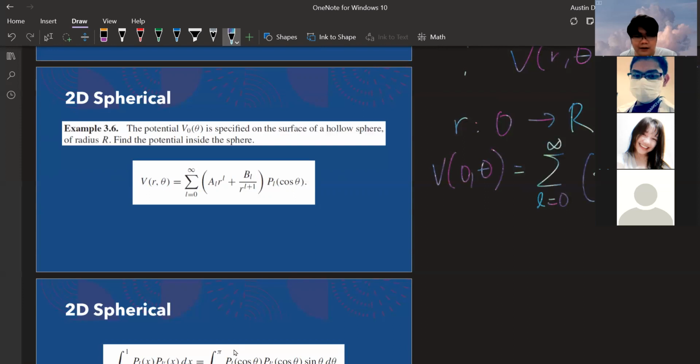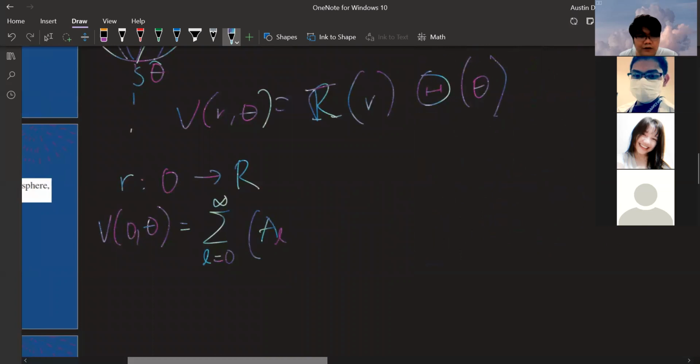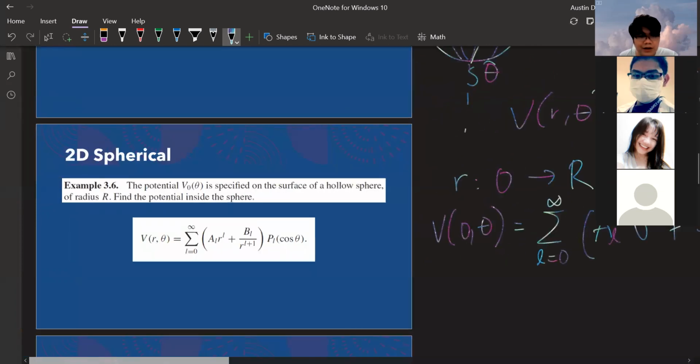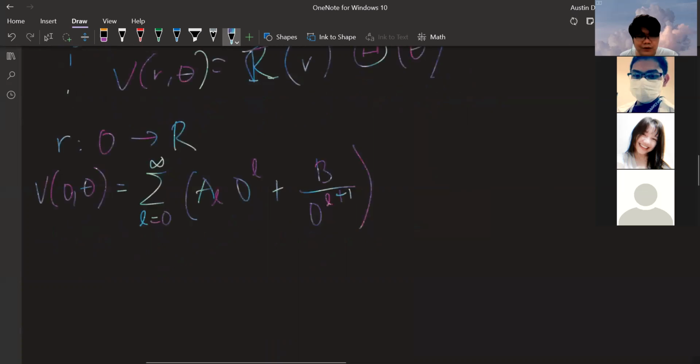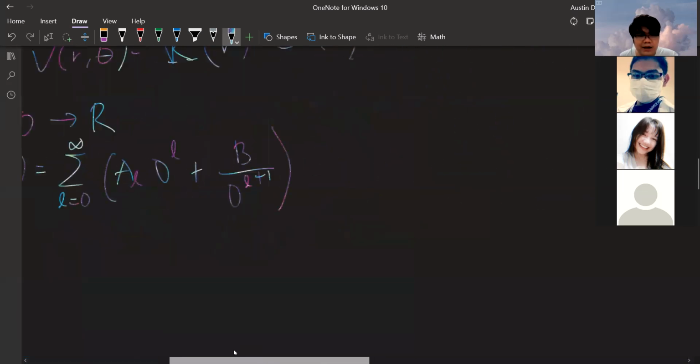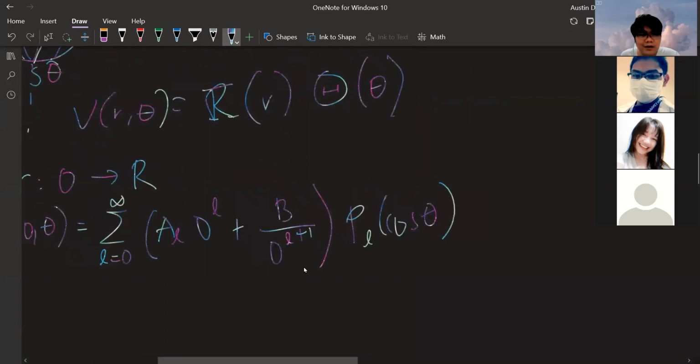A_L of 0 raised to L plus B over 0 raised to L plus 1 times P_L cosine. Pansinin nyo. This thing blows up. Infinite to agad. So I have to say that B is 0.